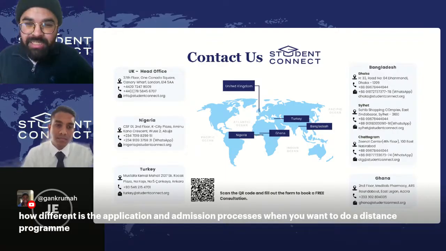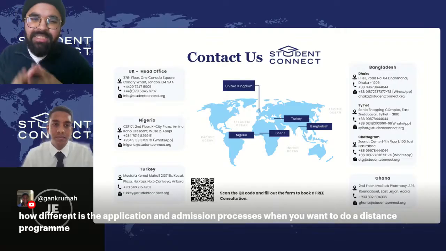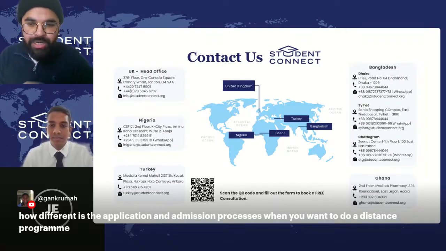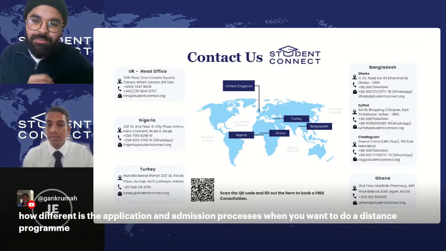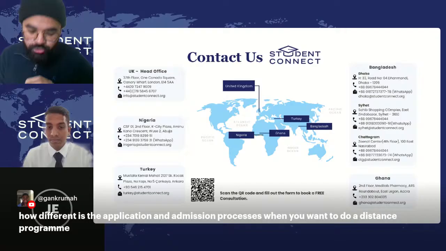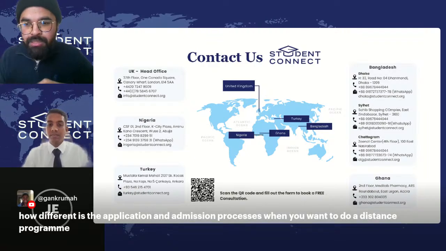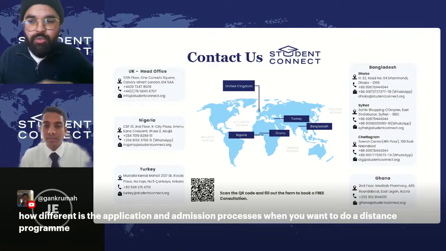Anything that is needed to request a CAS is not required at all. So the application and admission process is quite easy and fast. All you need to do is provide your passport, your CV, and your academic documents, apply, get the offer letter, and from there pay the deposit. Once you pay the deposit, you secure your place in the UK.